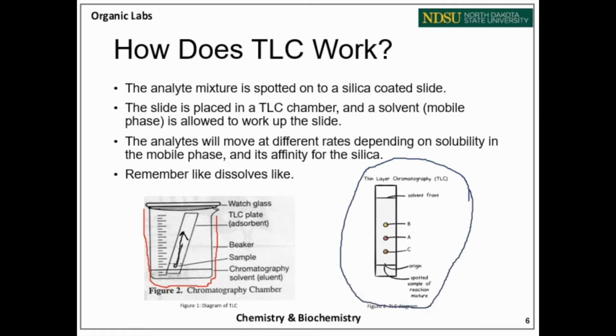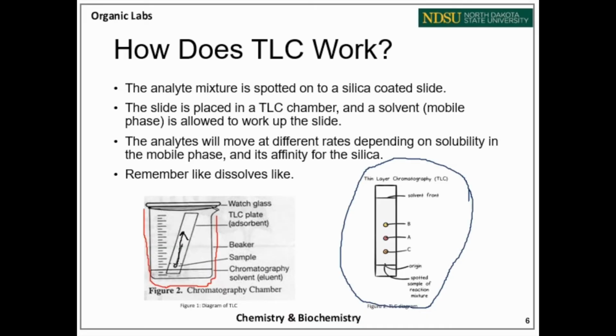But one thing to keep in mind is that the number of spots you will have will differ. In this particular example, it shows 3, but sometimes you'll have 1, you'll have 2, you'll have 5. It all just depends on what your analyte is.